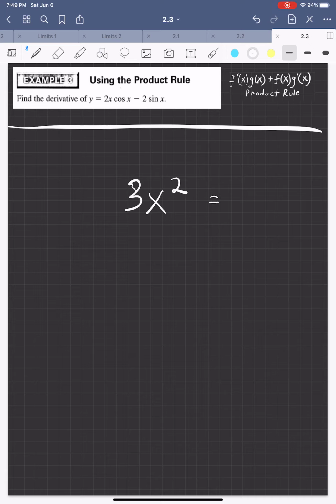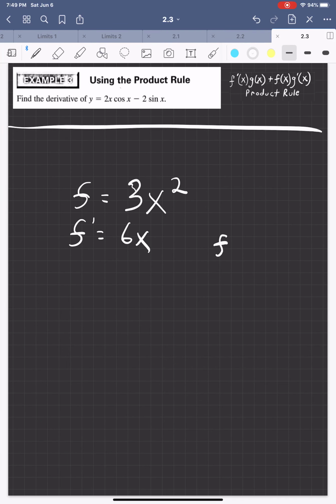So we know that if this is f, then using the power rule, we can quickly come to the solution that f prime is just 6x. But watch, what if the student forgot and decided to go about this as f times g? Let me rewrite: f prime times g plus f times g prime.